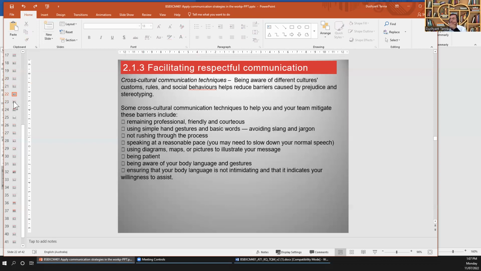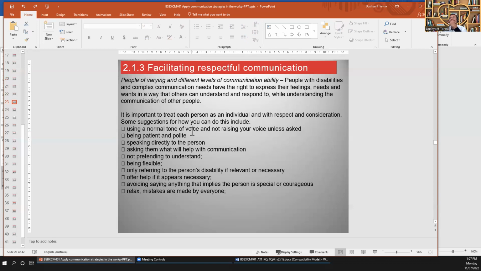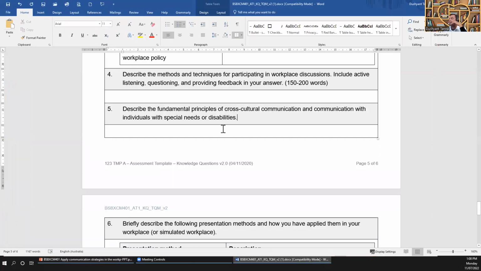If you could recall what we discussed, remember? We are saying, be polite and patient. Don't treat other person unfairly because they have some disability. Be flexible. Don't assume that you know everything, how the person is feeling, pain, all that kind of thing. There we go. Question 5. Again, 150 to 200 words.